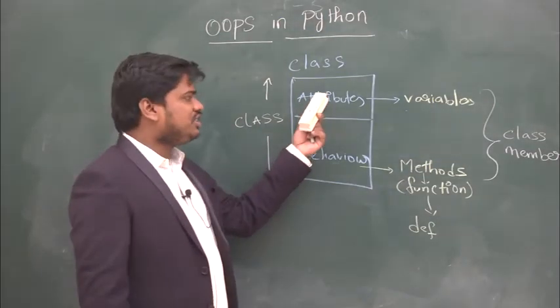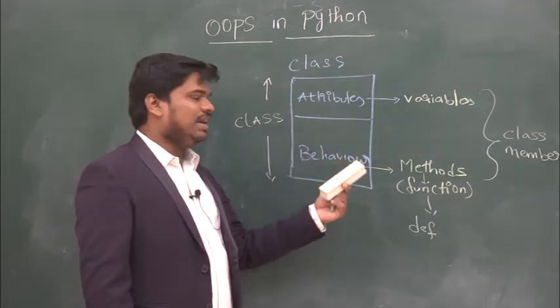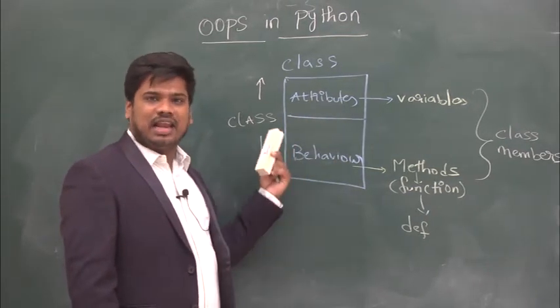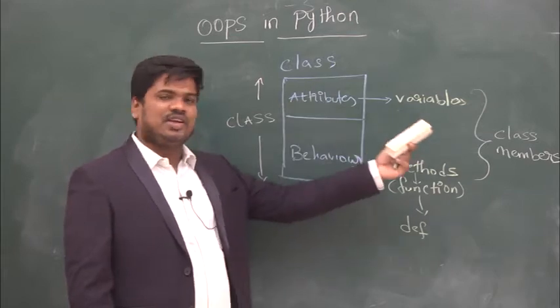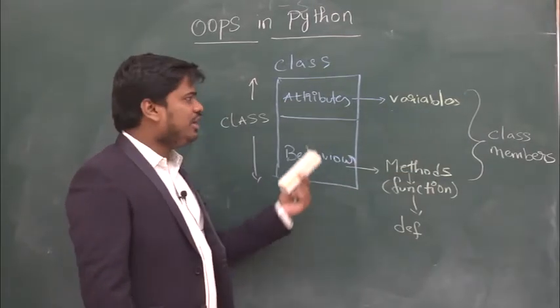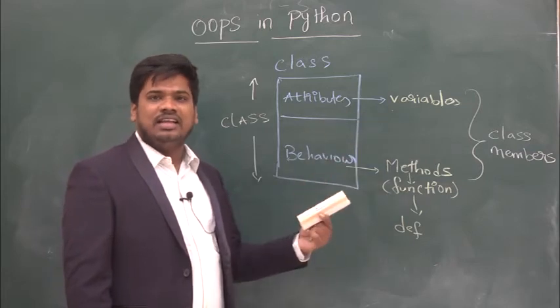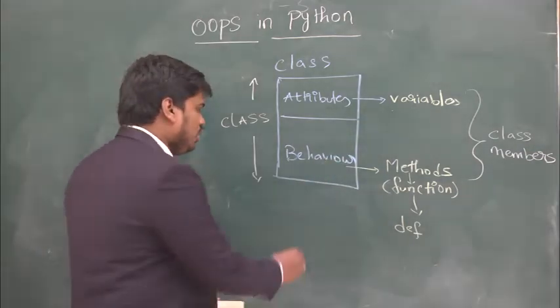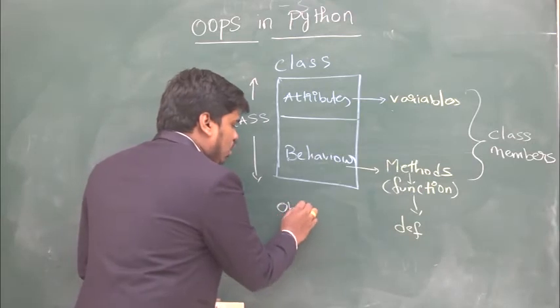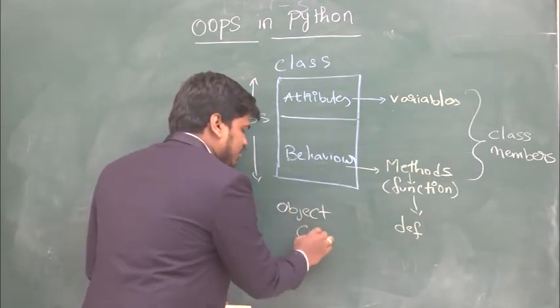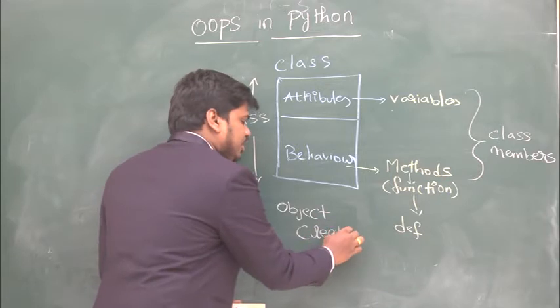So the combination of variables and methods is known as a class, and a class consists of class members. In order to access the variables and methods, I need an object. So we have to understand the object creation syntax.